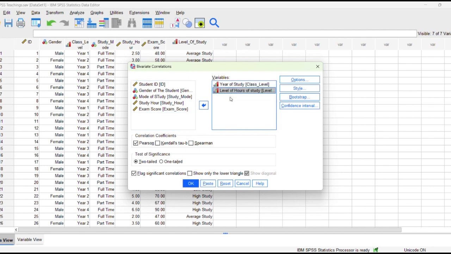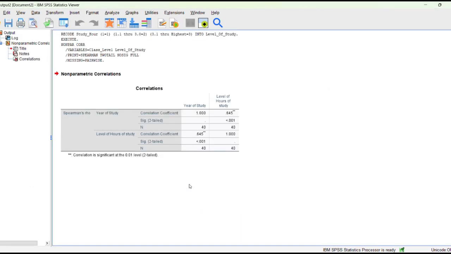So once you bring these two variables here, when you look at the correlation coefficients, you can see that Pearson is checked. Uncheck it, then click on Spearman. So once you click on Spearman, the test of significance is two-tailed. You can leave it like this, then click OK.